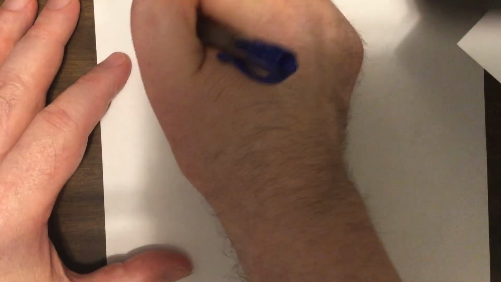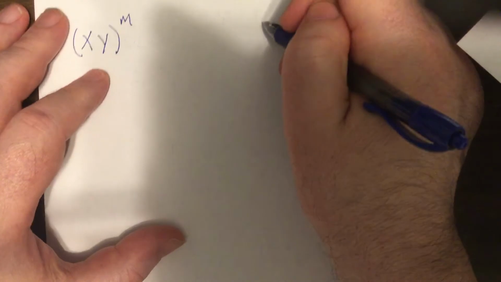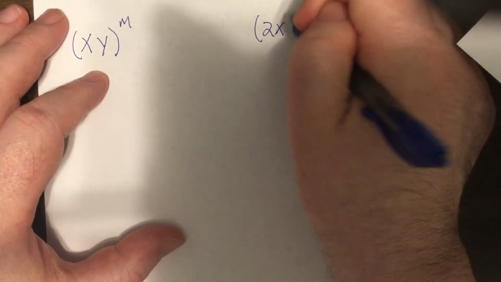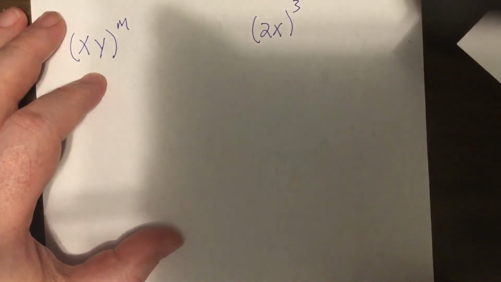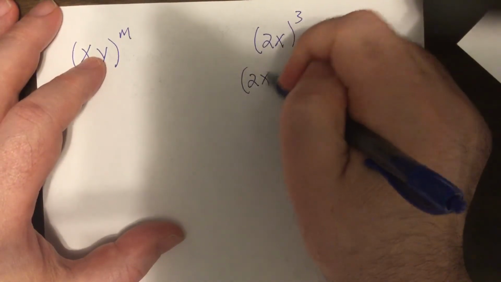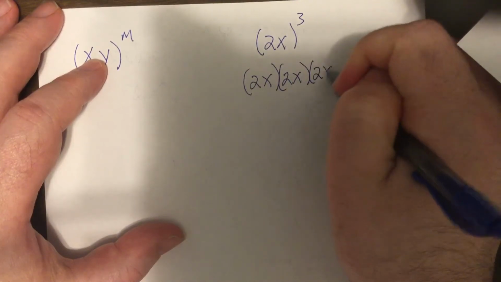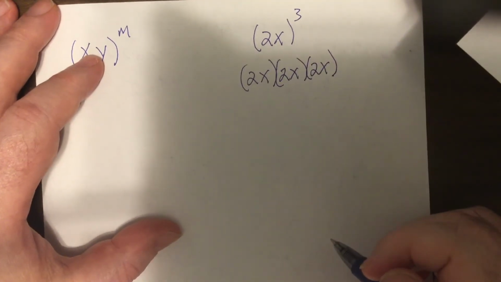Last law we're doing today. What do you do when you have a product to a power? So if I said, what's 2x to the 3rd power? Well, hopefully you'd say, well, 2x cubed would be 2x, 2x, 2x.